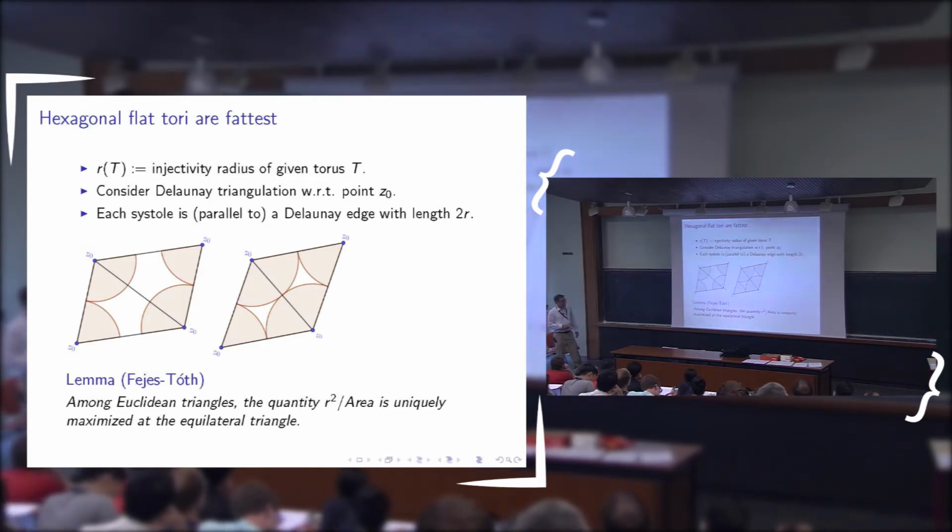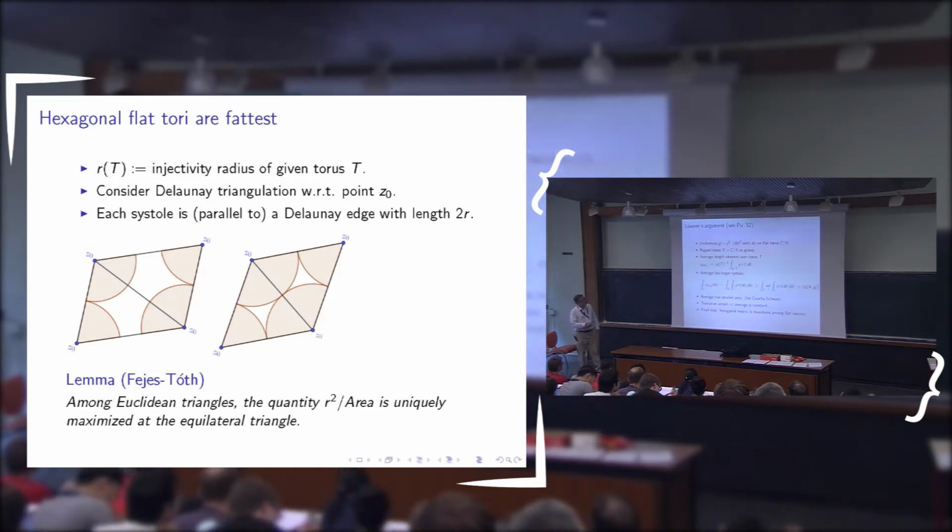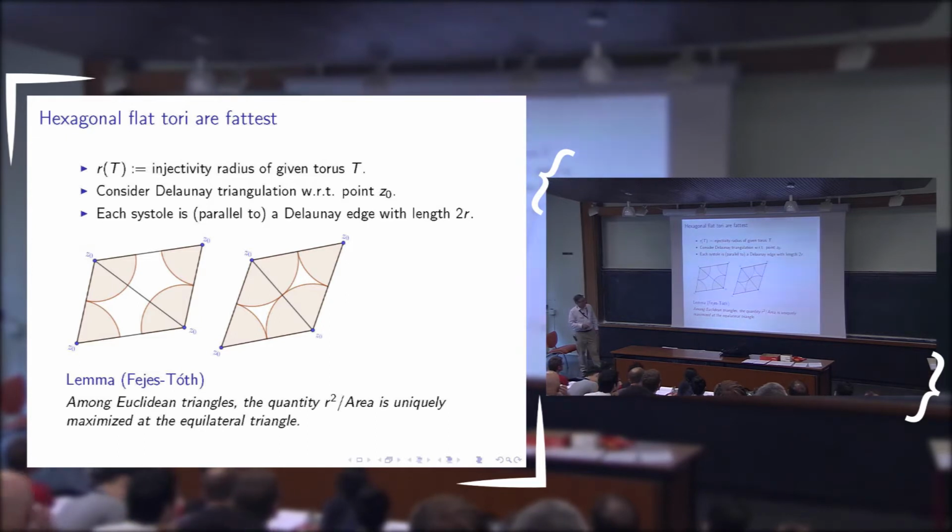Okay, and this has got better systolic ratio. And this is the basic lemma that tells you this is true. If I take one of these triangles, and I look at the largest ball centered at all 3 vertices simultaneously that embeds inside that triangle, and I take the radius squared and divide by the area.